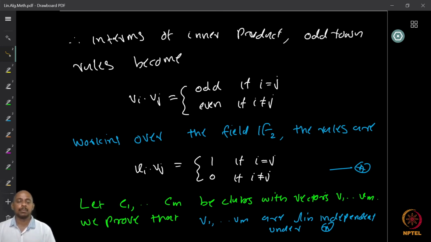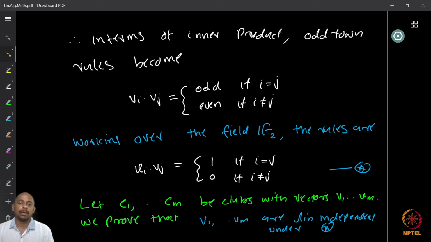Because a club has an odd number of members, the sum will be an odd number. So if i is equal to j, vi dot vj is odd. On the other hand, if i and j are distinct, then the number of common members is always even by rule 2. So we want the dot product to be even. So vi dot vj is even if i is distinct from j.